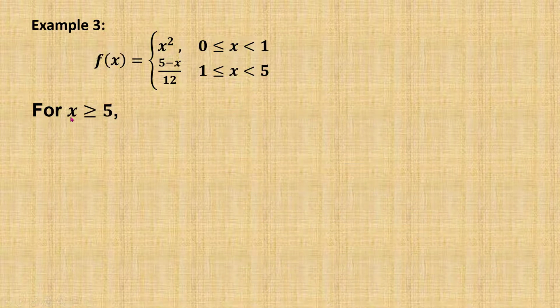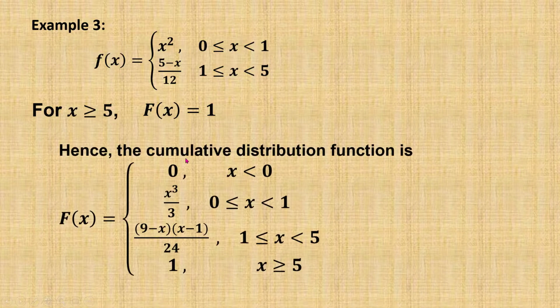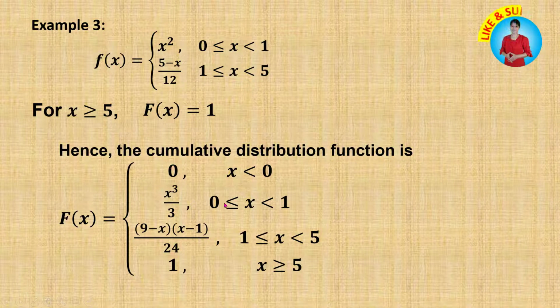Now for x greater than or equal to 5, we know that the cumulative is equal to 1. So therefore, when we put all the results under the mathematical function notation, this is the cumulative distribution function of x, where when x is less than 0, the cumulative is 0.